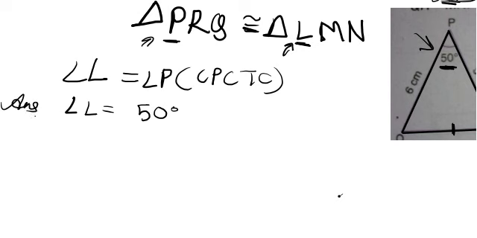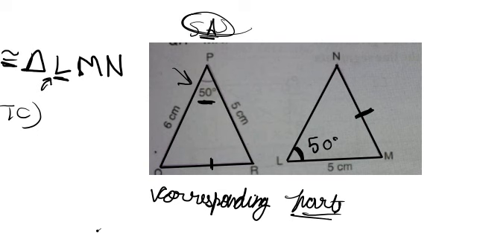Now the second thing that has been asked is the length of NL. We have to find the length of NL as well. So first of all, the same thing will be used here as well. We have to use the corresponding parts only, right? Now see here, they could have given you one more situation, that they would not have mentioned that these two triangles are congruent, and they would have asked the length of the two parts.